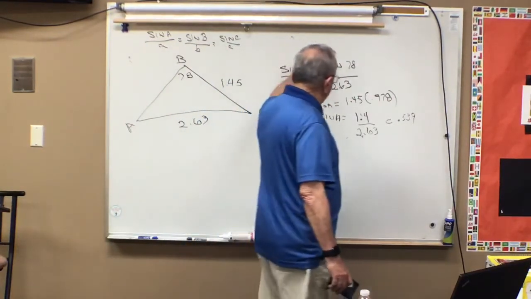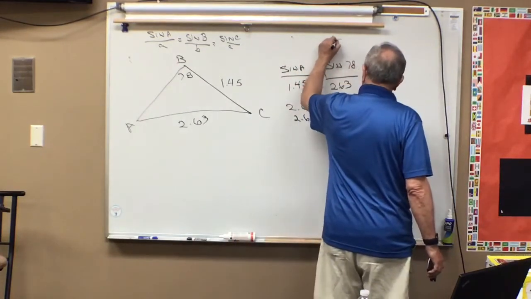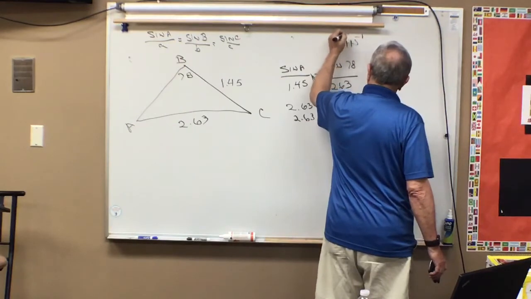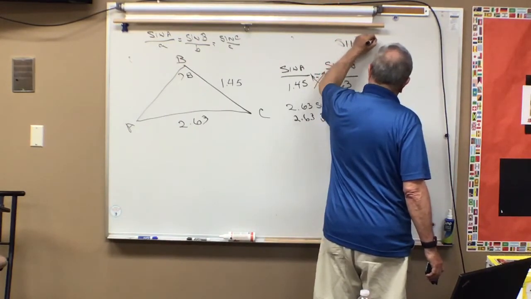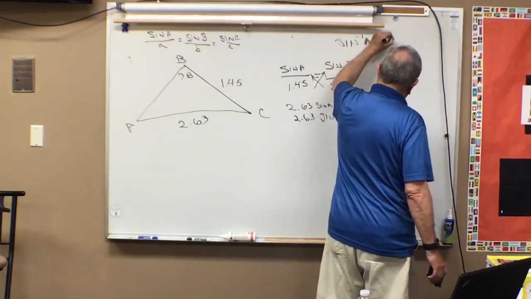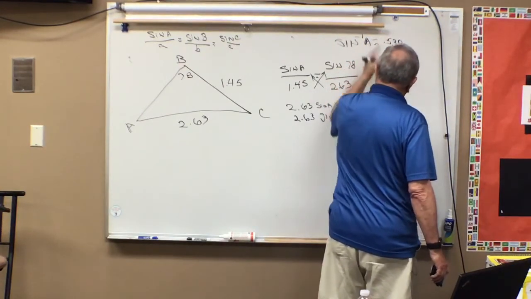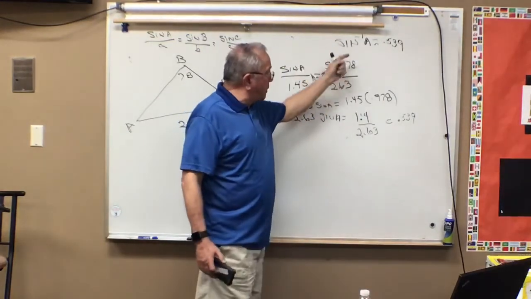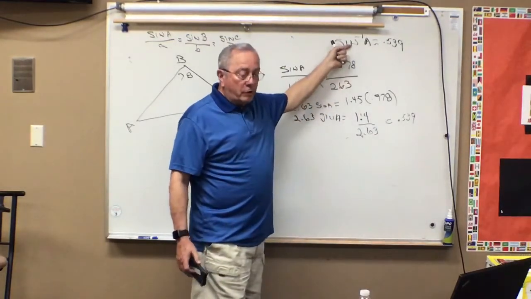So now I have to go like this, don't I? I've got to use the inverse, correct? The inverse sine of 0.539 is equal to A. So again, I have to do my shift now, don't I? Every time you've got to find an angle, you've got to shift.